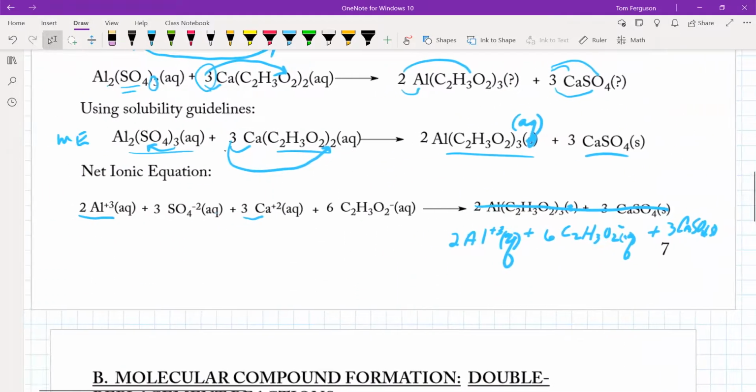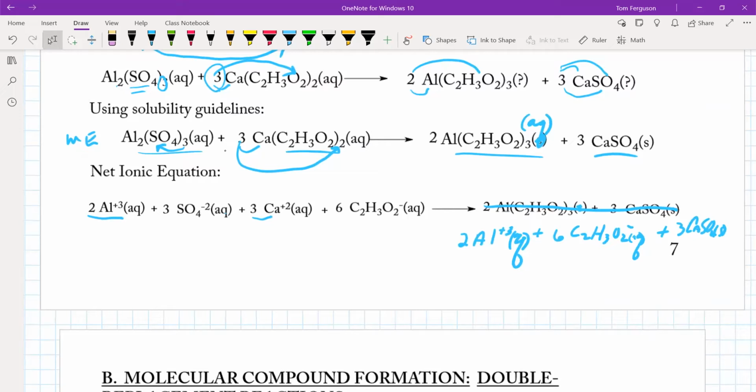Okay. And if we're doing the net ionic equation, this is the total ionic equation. If we're doing the net ionic equation, what made the solid? Well, calcium and sulfate.